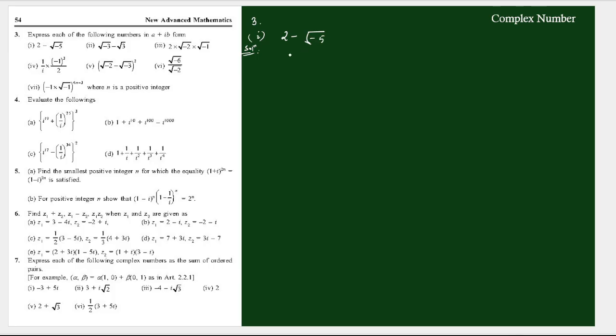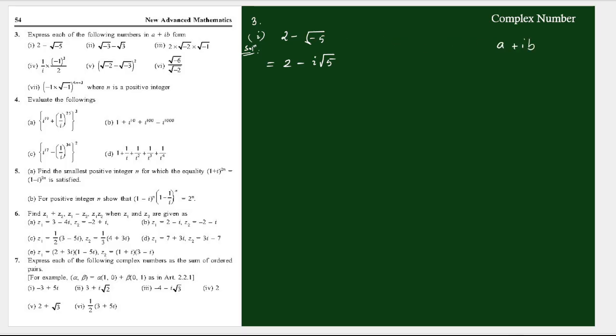So root over minus 5 will be i root 5, because root over minus 1 is i. So from now on, whenever you see root over minus 5, you can simply write down i root 5, because we have come across doing that, right? Now we have to write it in the form a plus ib.